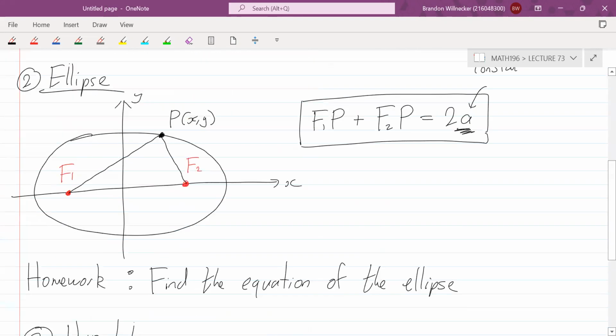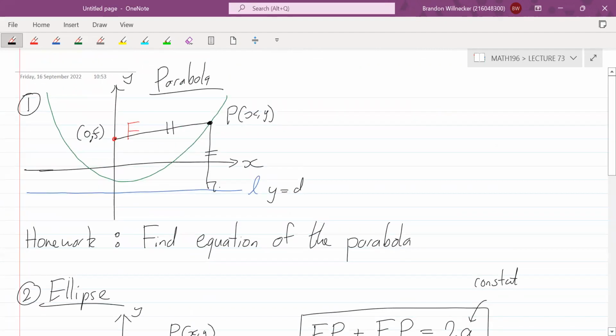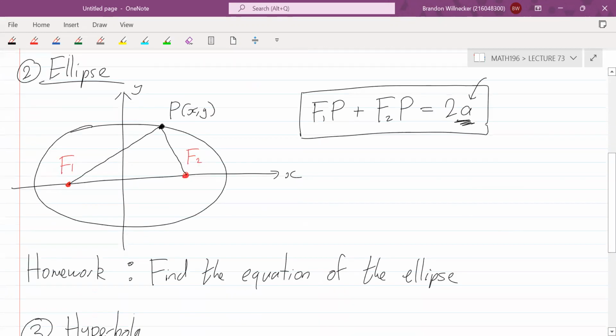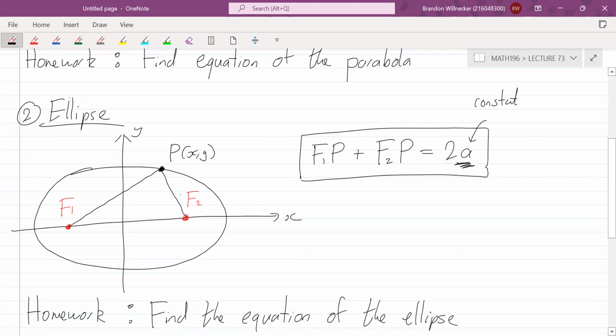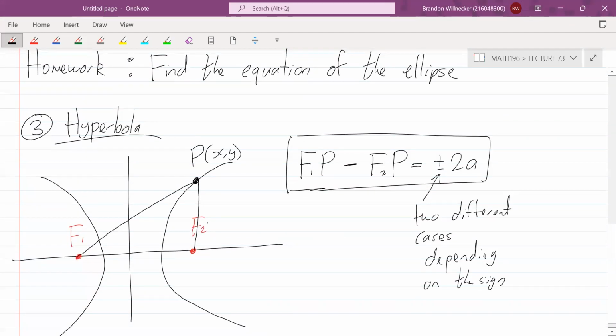We can look at it in terms of these constraints. For the parabola, those two distances must be equal, and then you can get the equation of the parabola from that. For the ellipse, those two distances added together is a constant, and that gives you an ellipse. For the hyperbola, you take the difference of those two distances, and that's a constant. From that, you can also get the equation. So it's just another way of looking at things.